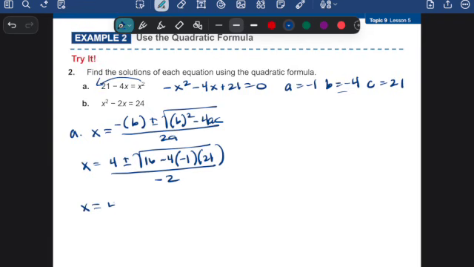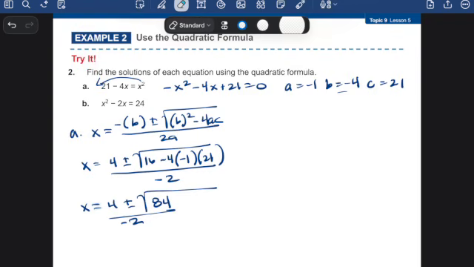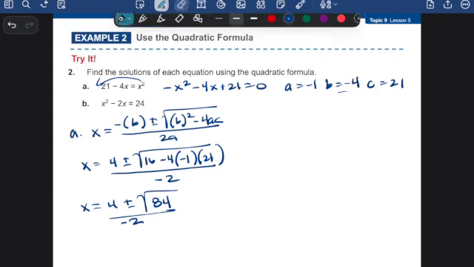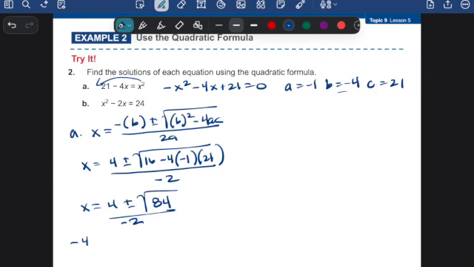X equals 4 plus or minus the square root of, I'm going to have 16, -4 times -1 is +4, +4 times 21 is 84. All over -2. And now if we do that, in our calculators, we're going to do 4 plus the square root of 84, and then take your answer and divide it by -2.